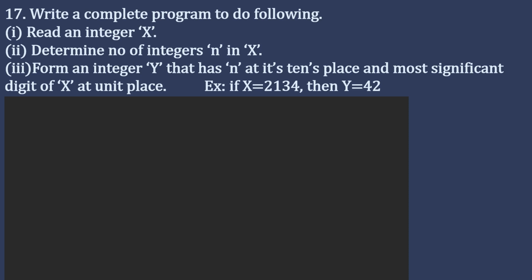That means first of all, we have to calculate how many digits are there in x. That is the tens place digit in y. So there are 4 digits, so the tens place of y has the value 4. And the most significant digit of x, that is 2, will be stored in the units place of y. So your y becomes 42.